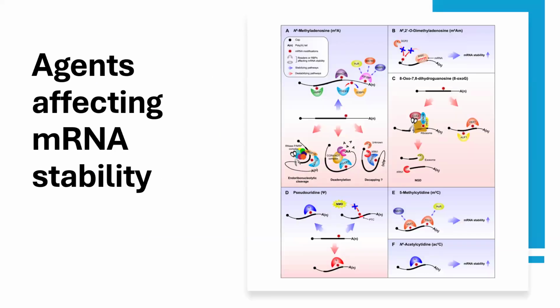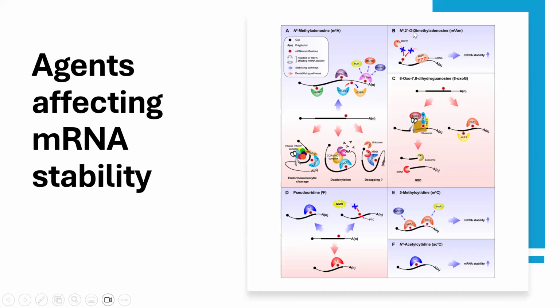And so there are several agents that can affect mRNA stability, both positively or negatively, right? So in some cases, you can produce things onto your mRNA that will block these enzymes that chew up the mRNA.